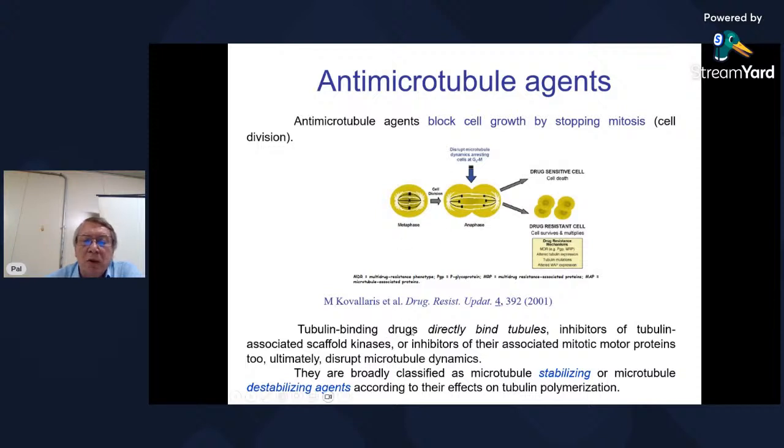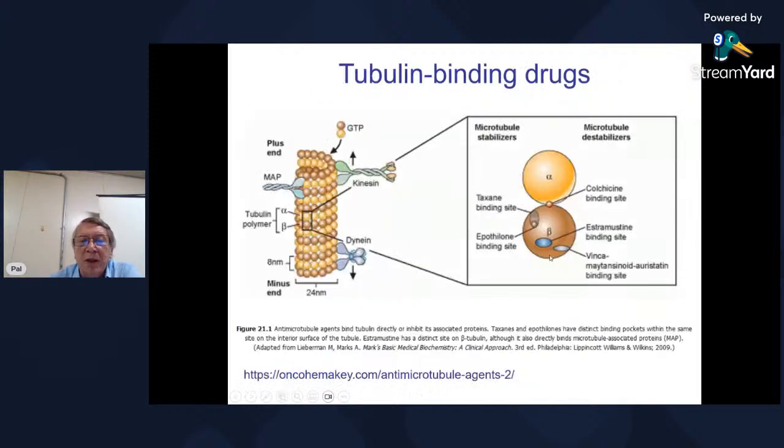These tubulin binding drugs directly bind to tubulin, or are inhibitors of tubulin associated kinases or inhibitors of the associated mitotic motor proteins, which results in disruption of the microtubule dynamics. They are broadly classified as microtubule stabilizing and microtubule destabilizing agents according to their effects on tubulin polymerization and depolymerization.